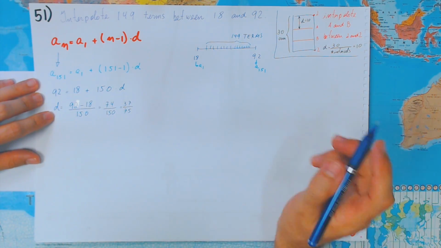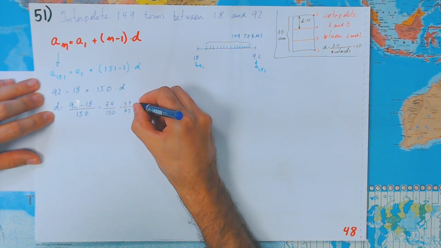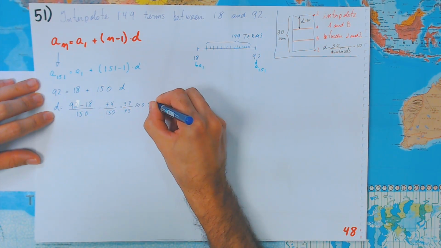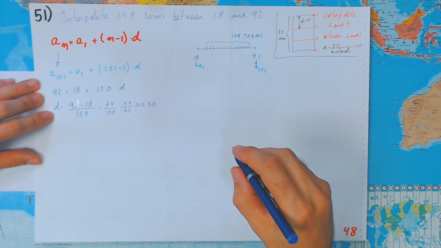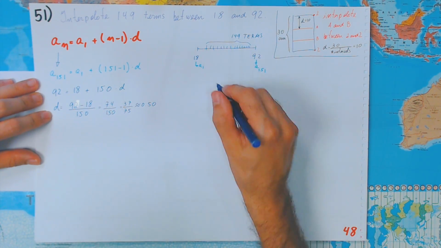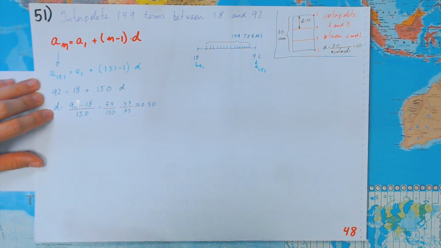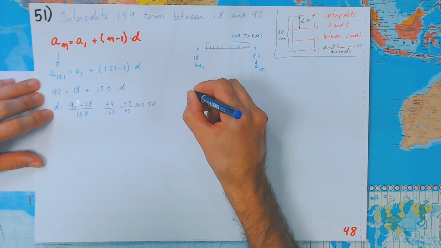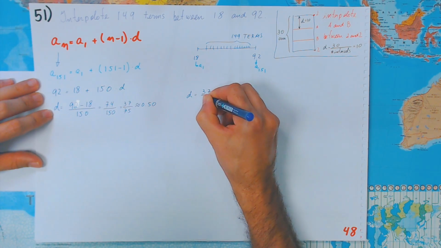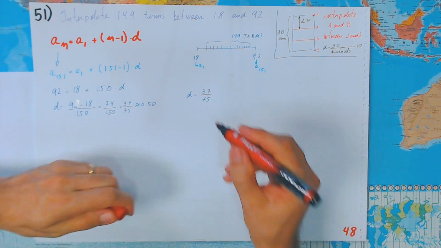We can't do anything more than that. We can say that this is close to 0.5, if I'm not interested in the accuracy here. I just wanted to show you, so let's say d is about half. But our actual answer would be 37 divided by 75.